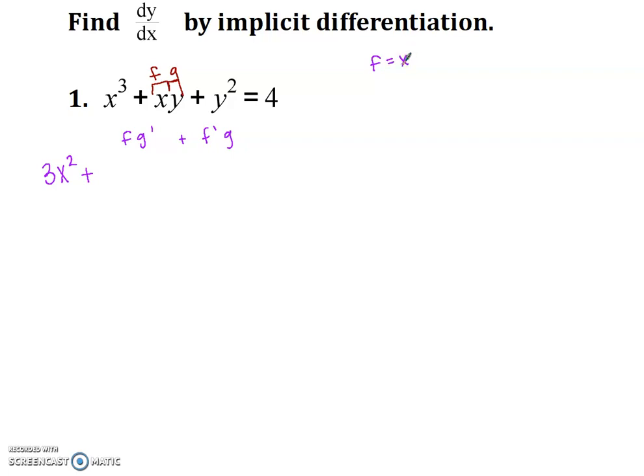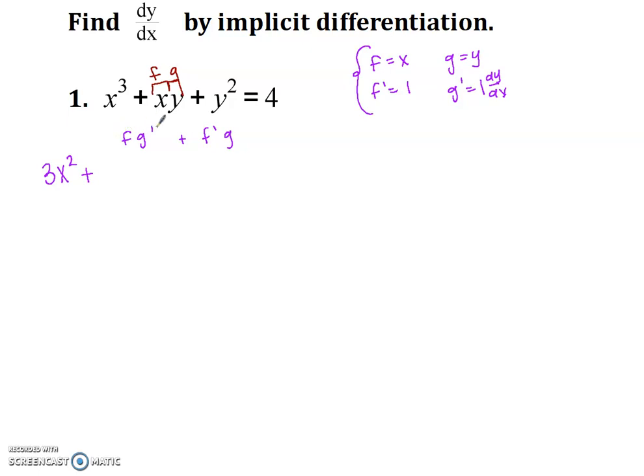So for f, we have x, so f prime is just going to be 1. Then for g, I have y, so g prime is just going to be 1, but I took the derivative of a y, so dy/dx. So this is what I'll be using for the product rule for this term.